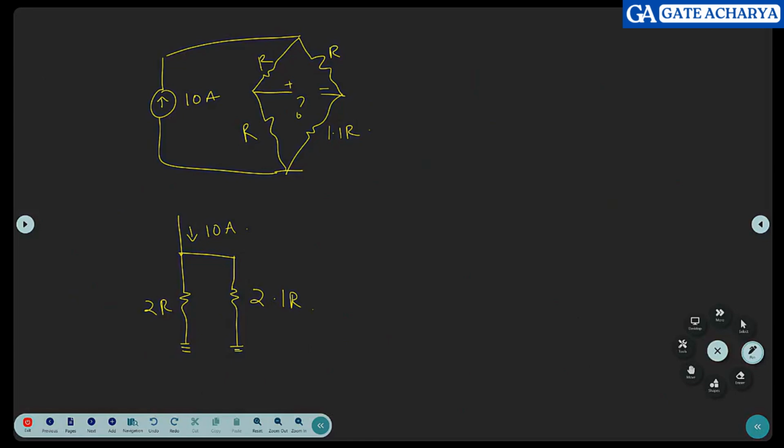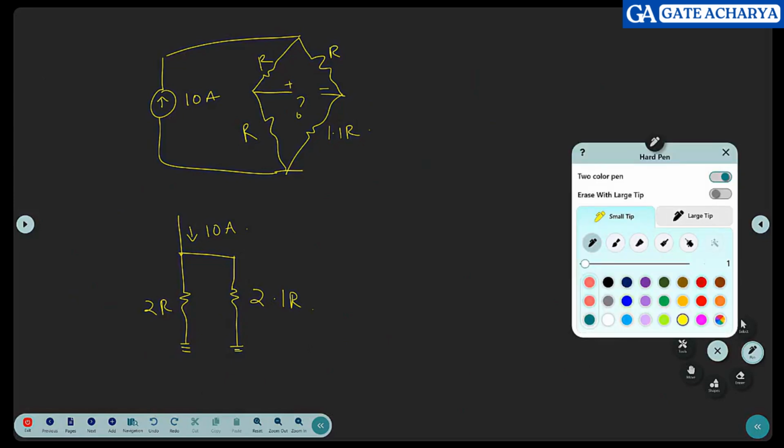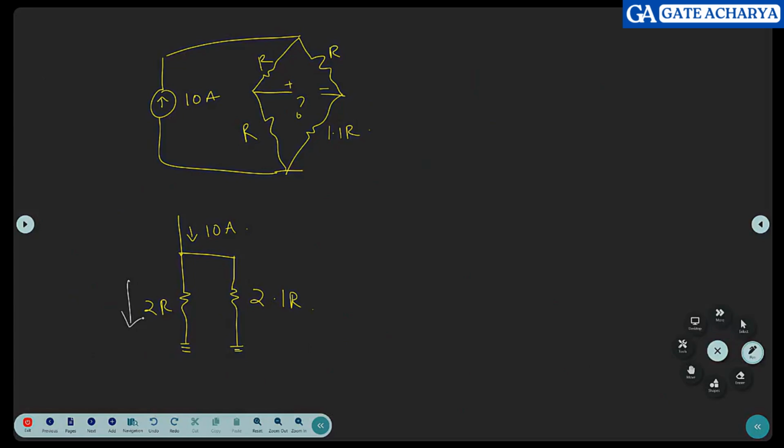So what is the current through 2R? What will the current through this be? The current through this will be 2.1 R divided by 4.1 R, into 10. How much is it? 5.12 amps.